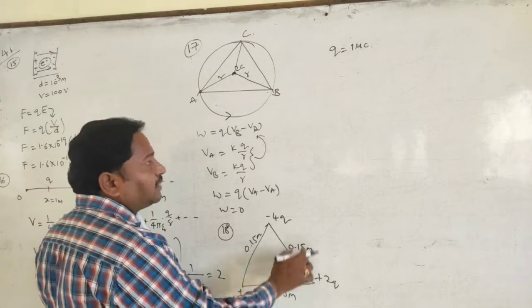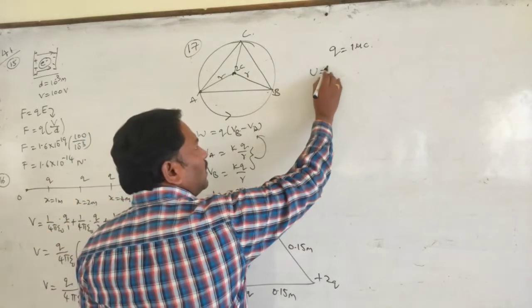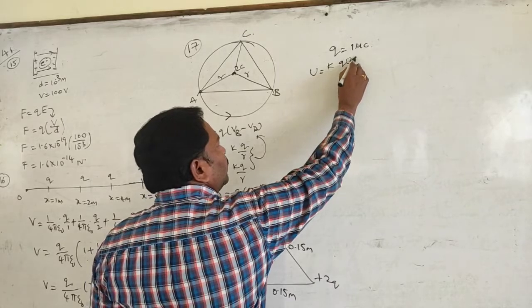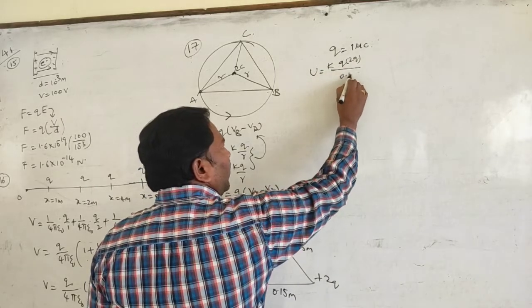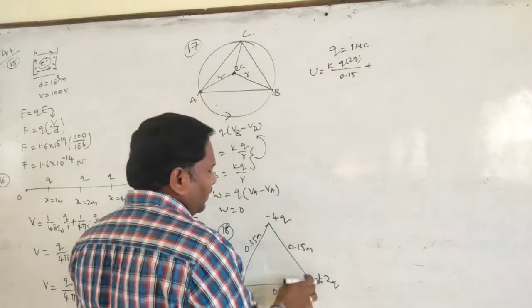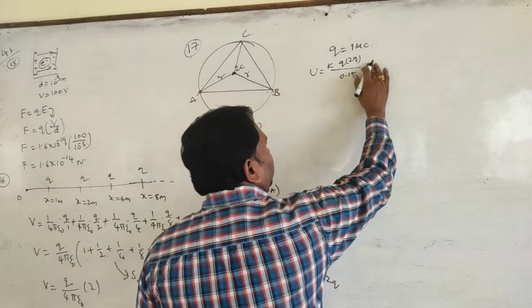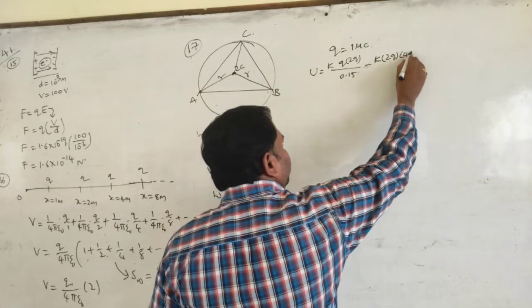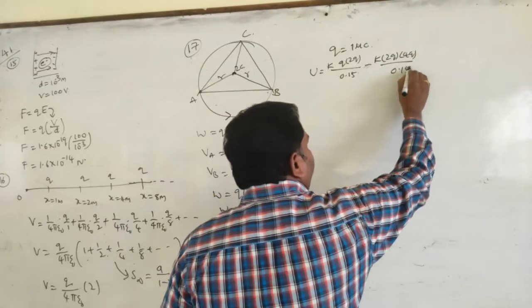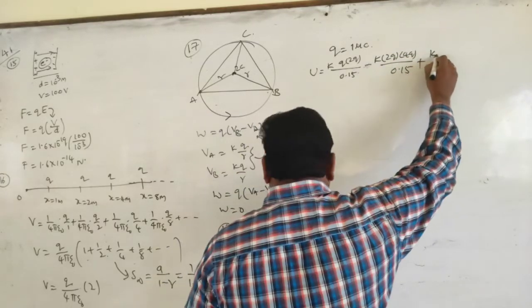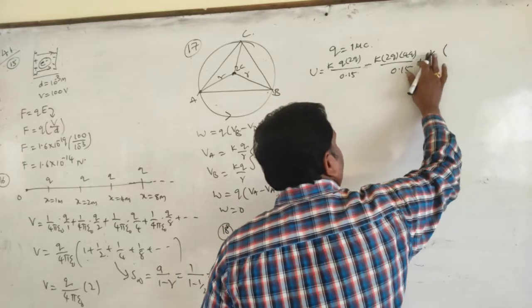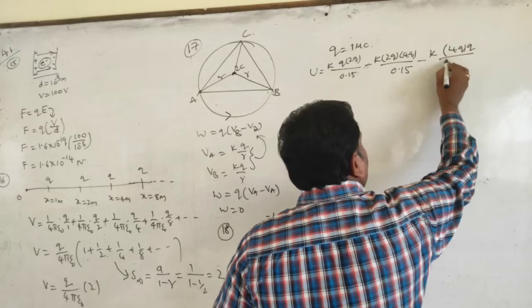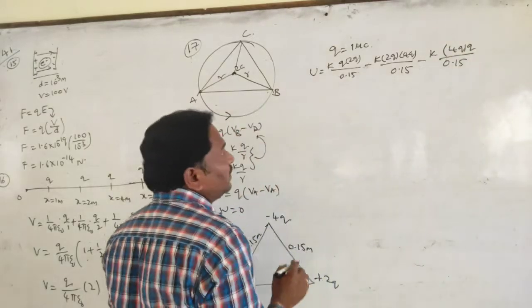First, in between them, U1 is K into Q2Q by 0.15, plus in between them you get minus K into 2Q into 4Q by 0.15, plus K into minus 4Q into Q by 0.15.